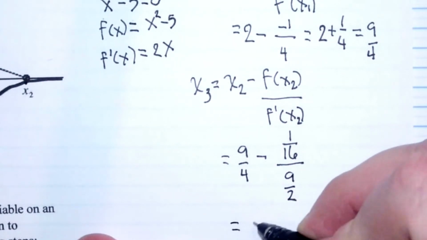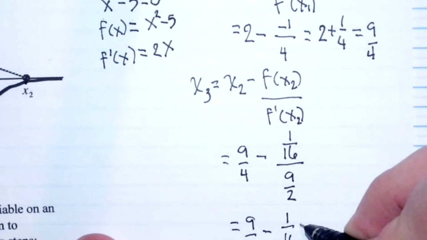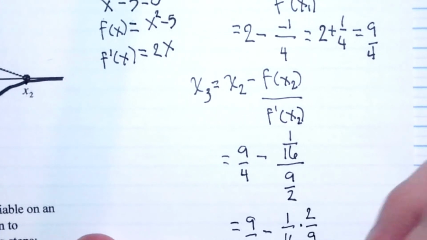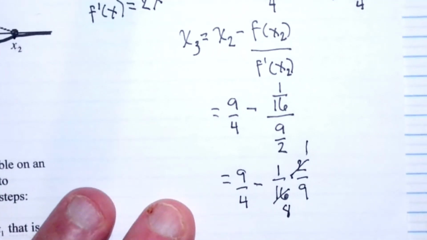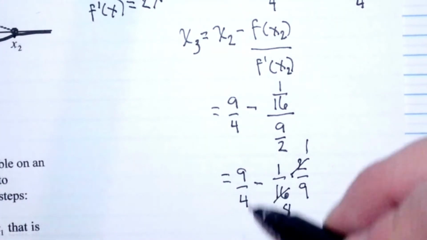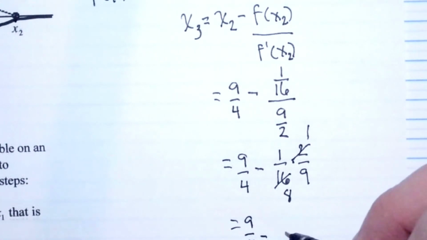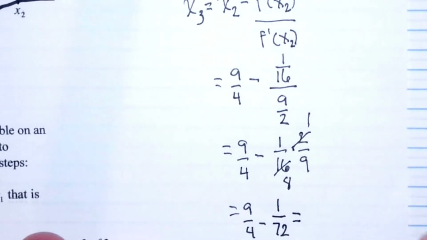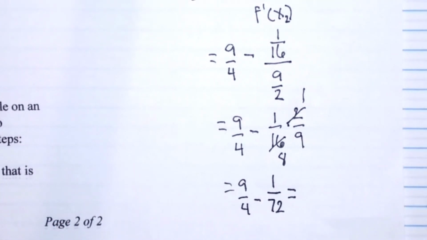So that's going to be 9/4 minus 1/16 times 2/9. So we've got 9/4 minus 1 over 72. Now if we find a common denominator, let's see, the least common denominator would be 72.